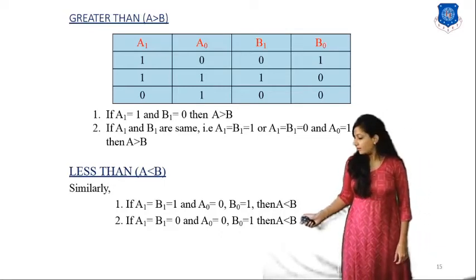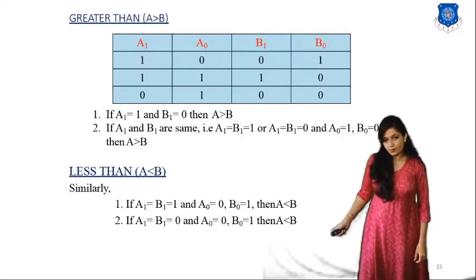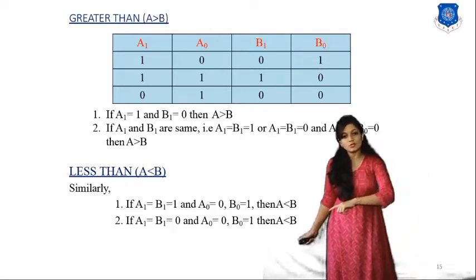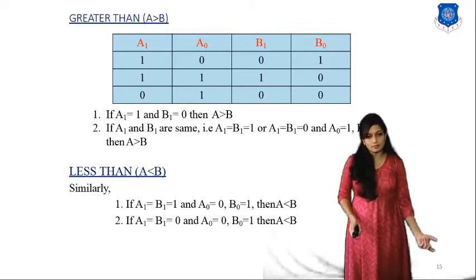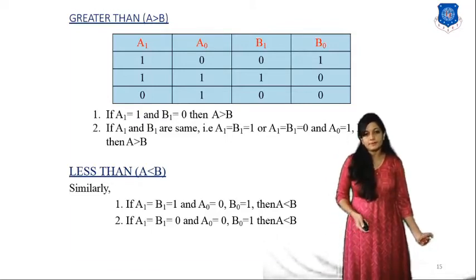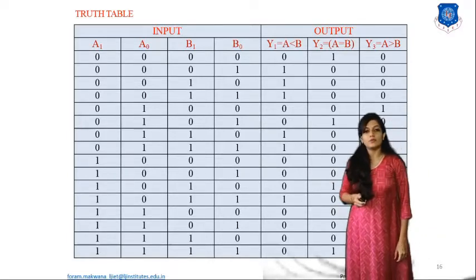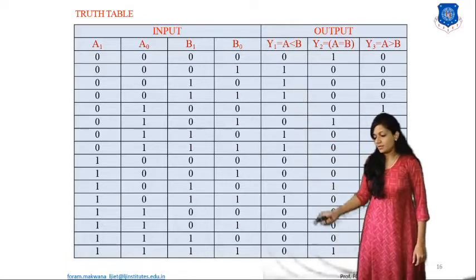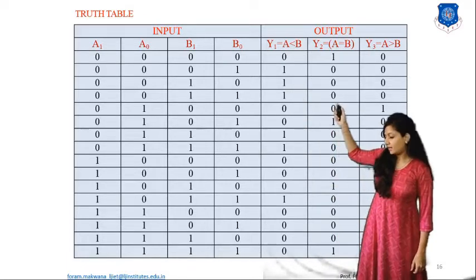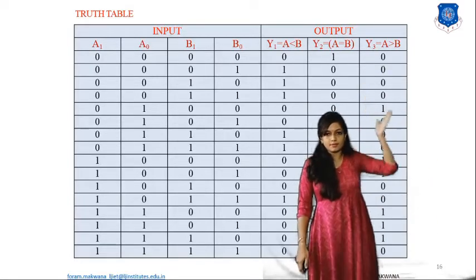If A1 is equal to B1 is equal to 0 and A0 is equal to 0 and B0 is equal to 1, then also A less than B. So this is the truth table for which A less than B is equal to 1.